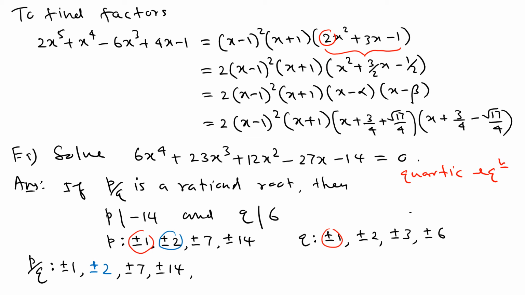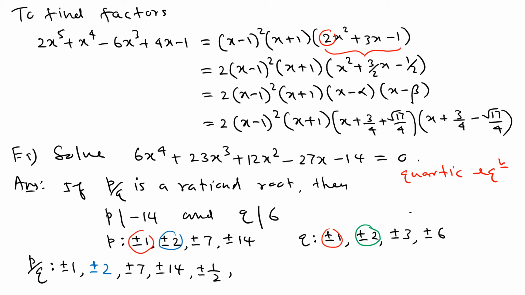Now we do the same with the second option of Q, and ignore the common ones. If you go with plus or minus 1 of P and plus or minus 2, you're going to get plus or minus 1/2. See that? And then the next one, plus or minus 2 over plus or minus 2 is plus or minus 1, so we don't write it because it's already there.